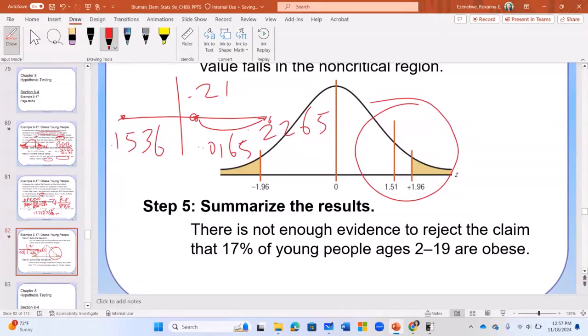Therefore, even the confidence interval has accepted the claim from the CDC that 17% of children from 2 years to 19 years are obese. So we cannot reject the claim. There is not enough evidence to reject.